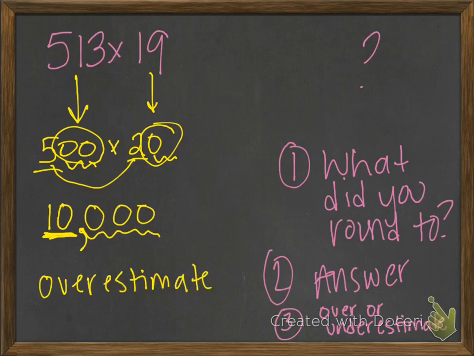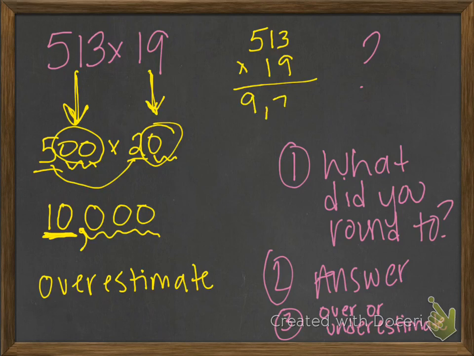And some of you might be wondering why, because here, yes, we dropped down 13, but here we went up 1, so we did different things. So in that case, we actually have to solve out the problem. So we have 513 times 19, and if you solve it out, it gives you 9,747, which our estimate was over that.